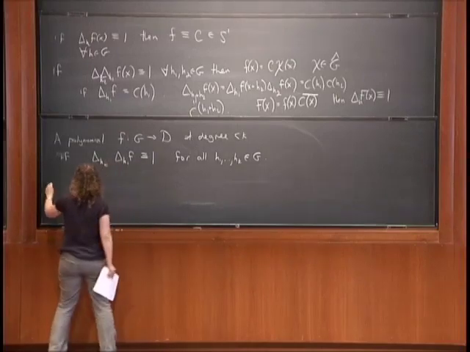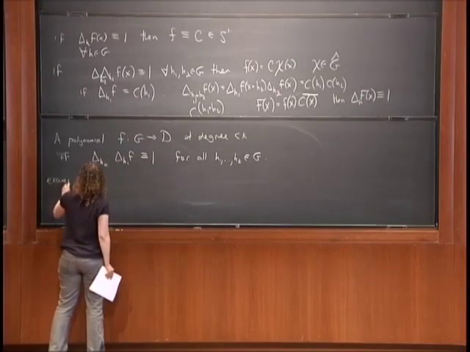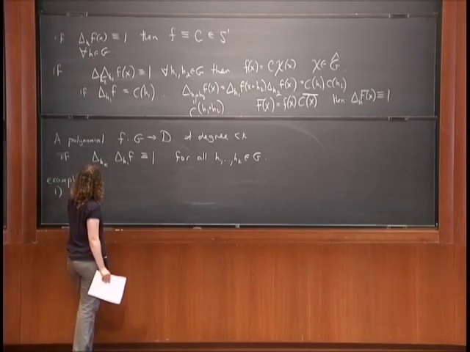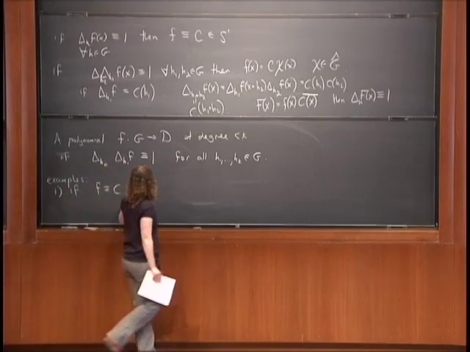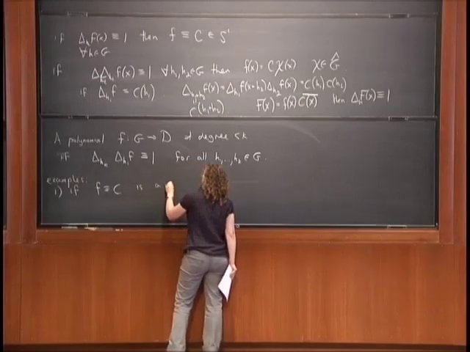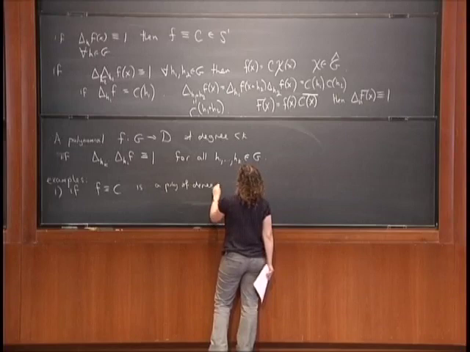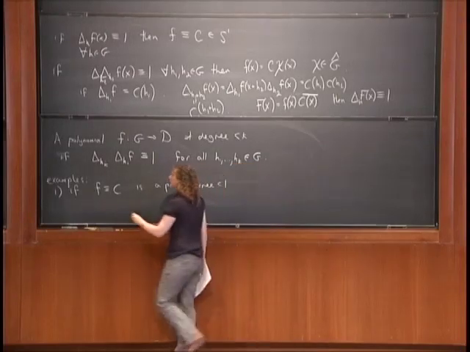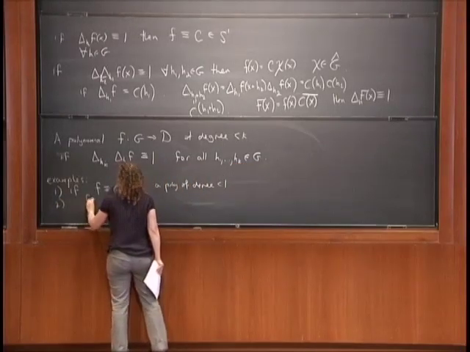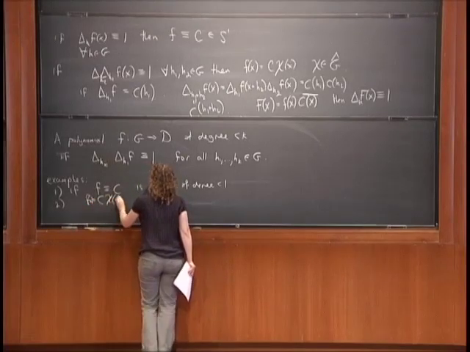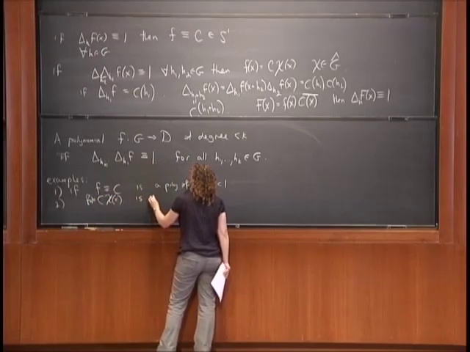So examples. We already have two. If the function f is a constant, it is a polynomial of degree smaller than 1, or degree 0, and if f is a constant times a character, then this is a linear polynomial.